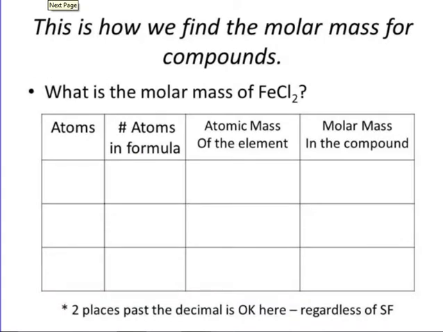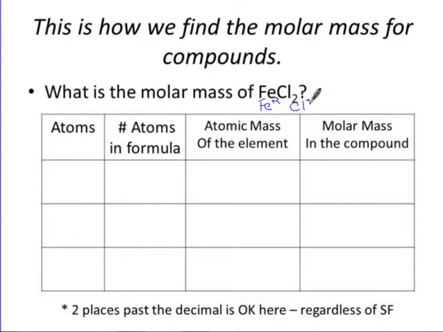Okay, so taking that same concept of grams per mole, this is how we find the molar mass of compounds. So what we have here is iron chloride, FeCl2. Remember, iron plus 2, Cl, the anion, minus 1, so 2 chlorides for every iron.